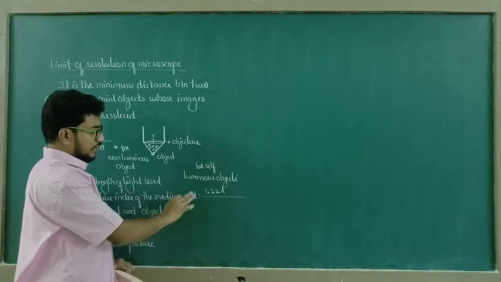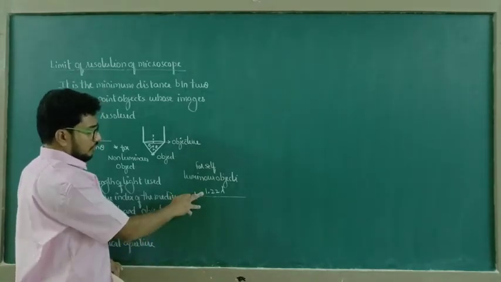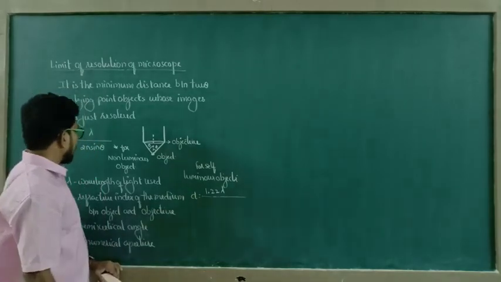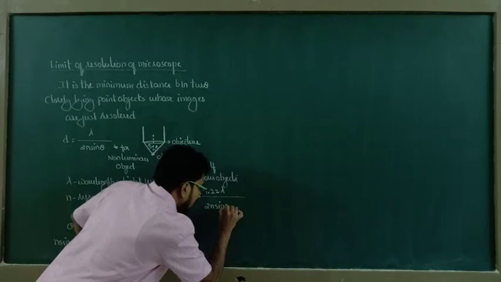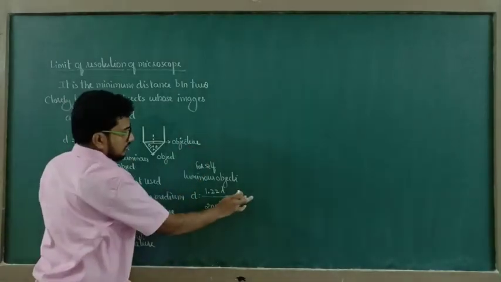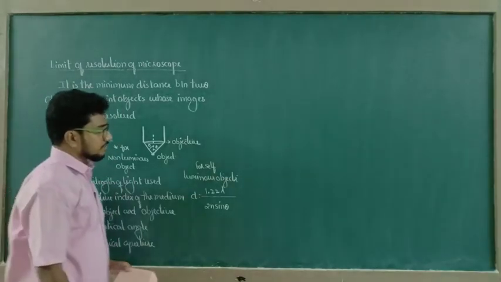There is so much more detail about this one in your syllabus. Don't worry about that one. d is equal to 1.22 lambda divided by 2n sin theta. So this is in case of self-luminous objects.